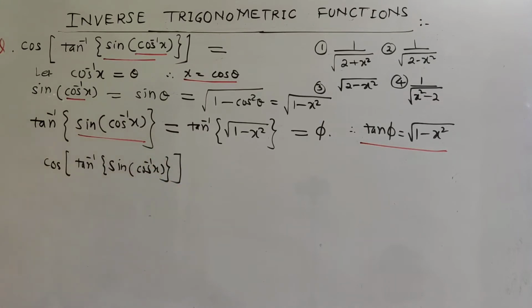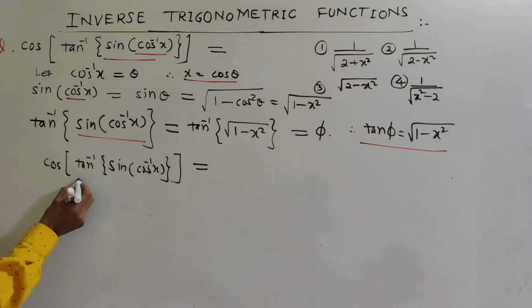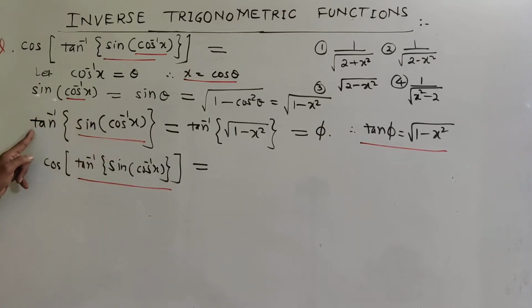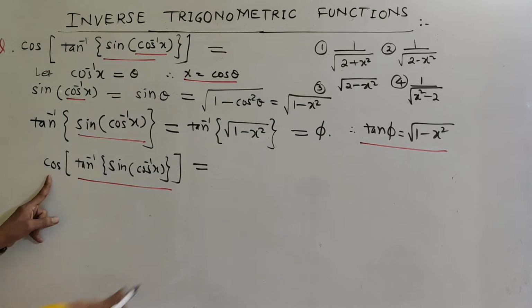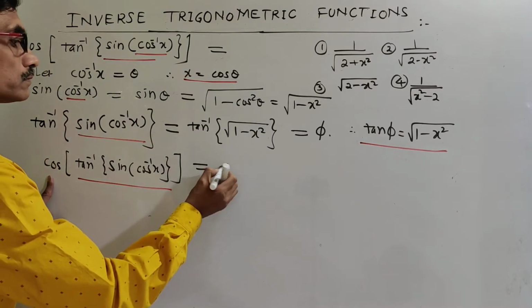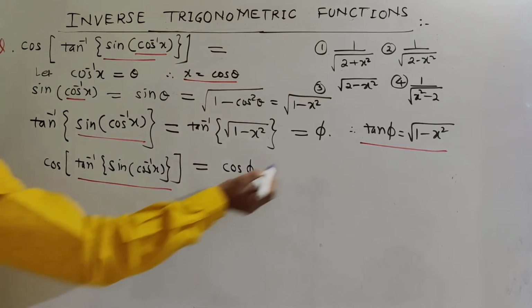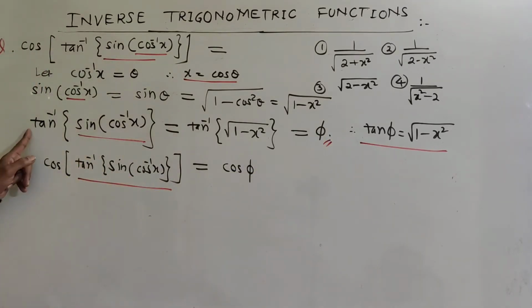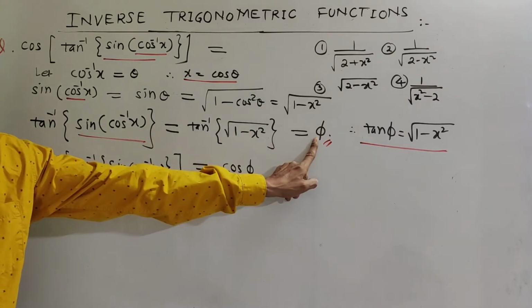This part is equal to phi, so that is cos of phi, because tan inverse of sine of cos inverse of x is equal to phi.